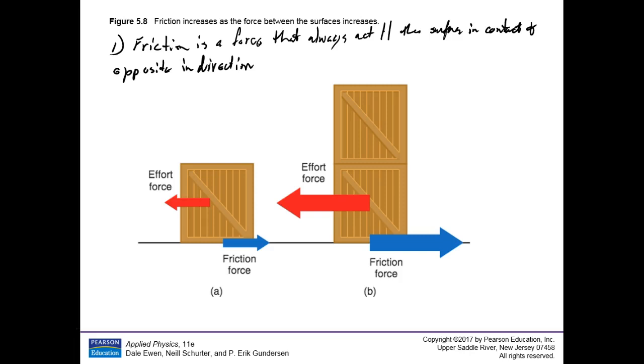So the friction force is always parallel to the surface, but always resisting motion, opposite in direction to the effort force. Whether you're pushing, pulling, or whatever, friction is always operating against you. Okay, that's the first characteristic of friction.